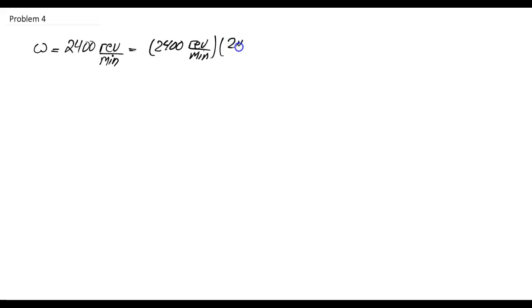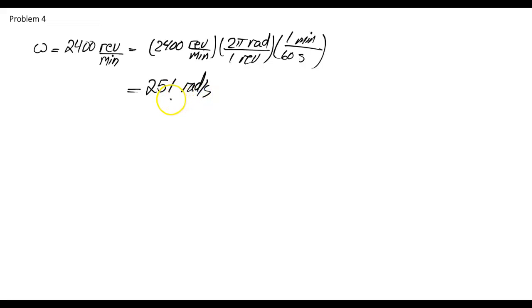We know there's 2 pi radians for every 1 revolution, and we know that 1 minute is 60 seconds. Do this and you get about 251 radians per second.